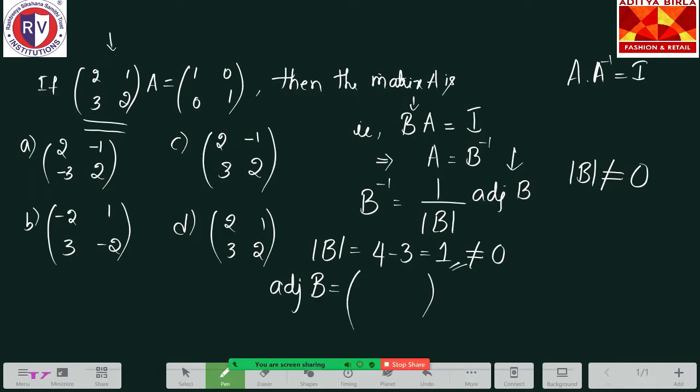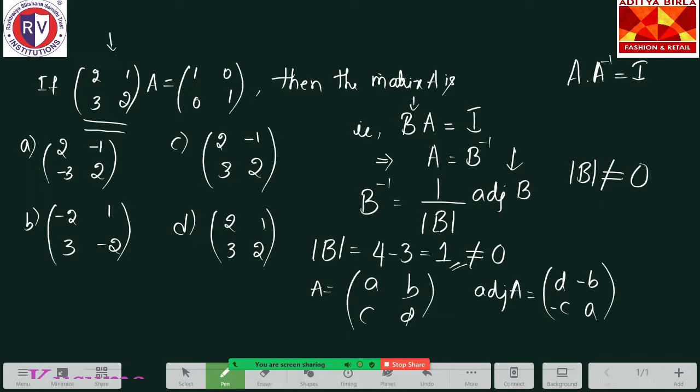For a 2 by 2 matrix, what you have to do is, you have to interchange the principal diagonal elements. Say if the elements are a, b, c, d, for some matrix A, then adjoint of A will be written in this form. You have to interchange the elements in the principal diagonal and then take the negative of the off diagonal elements. Like you must get minus b and minus c in the off diagonal.